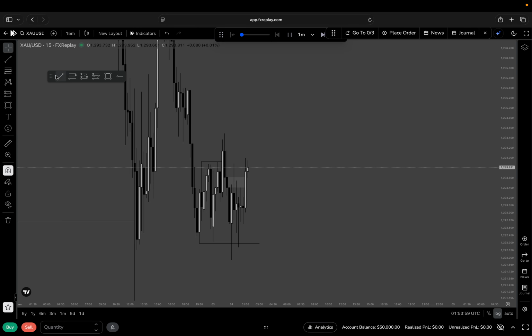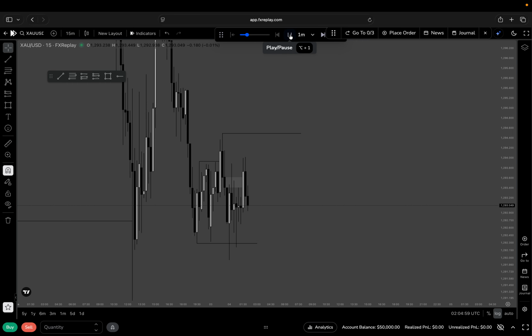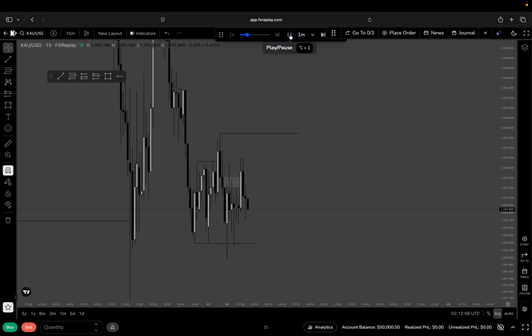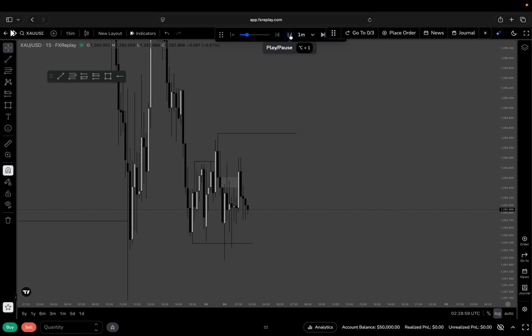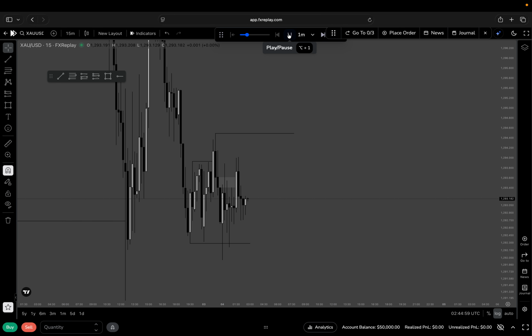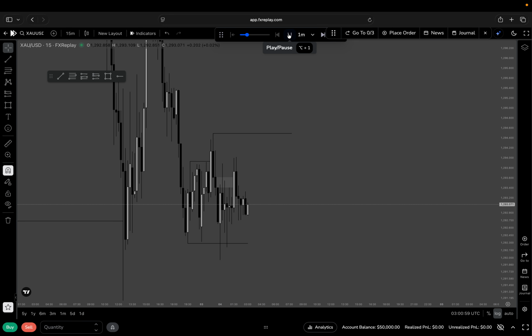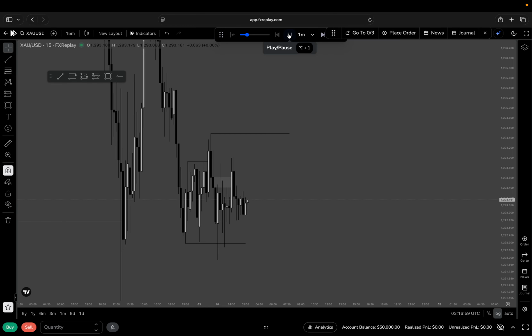See if we could break past these highs. Speed it up a little bit more. Looks messy. Looks super messy. Nothing clear yet.